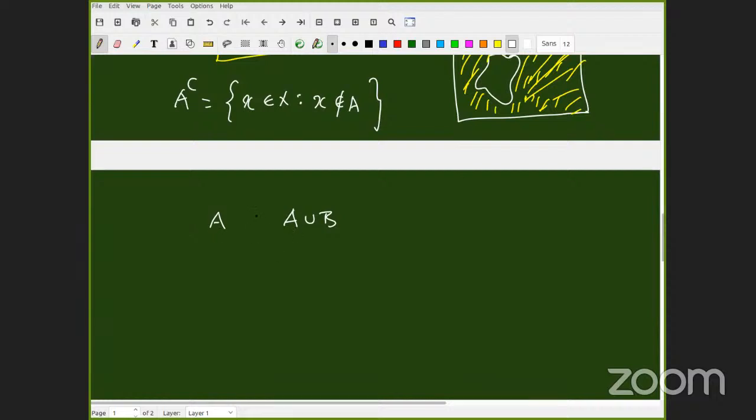Therefore, what should I write? A is there, A union B is there. So how do I compare two sets? Equality, we have said. A equal to B means what? This we have already said.